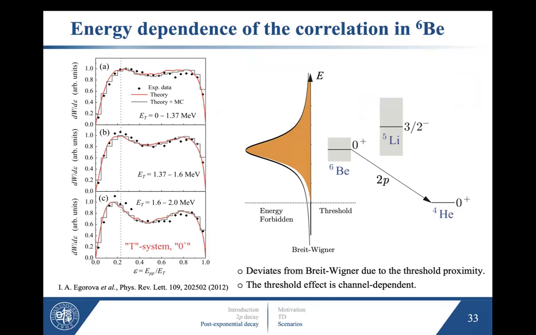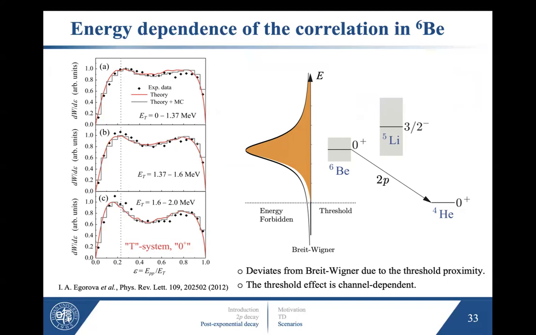On the contrary, if experimentalists measure these energy-dependent nuclear correlations, it will help us pin down these non-exponential decays. And so this is the first of the two scenarios that can help us study these non-exponential decays.